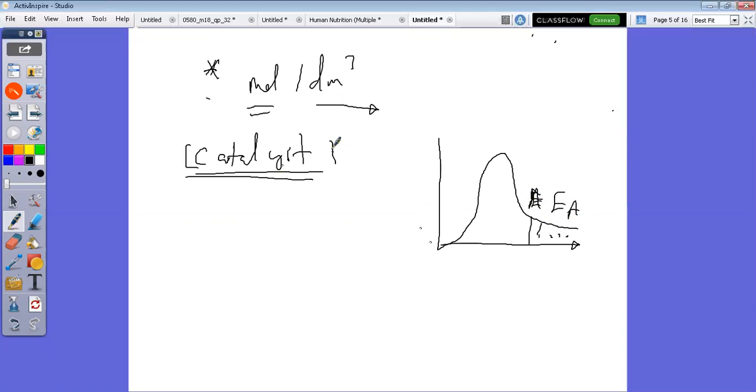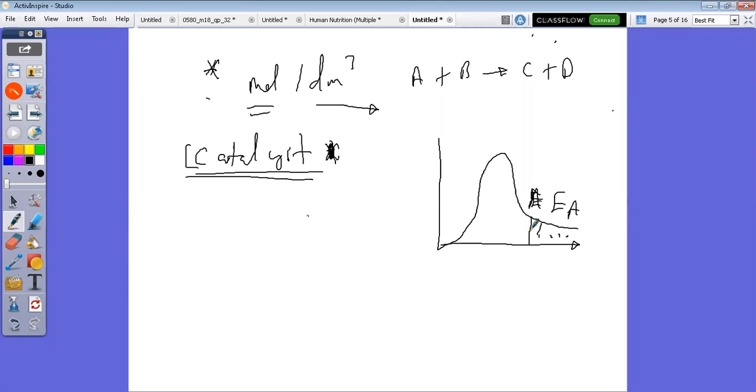If I use a catalyst, how does a catalyst speed up a chemical reaction? How does it do that? Does it increase the rate of collisions? How does it work?